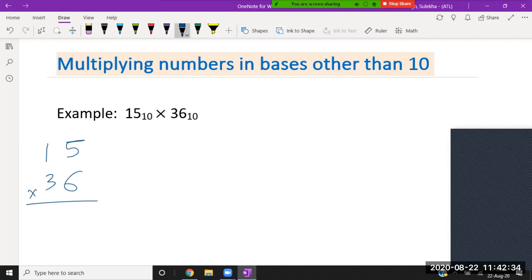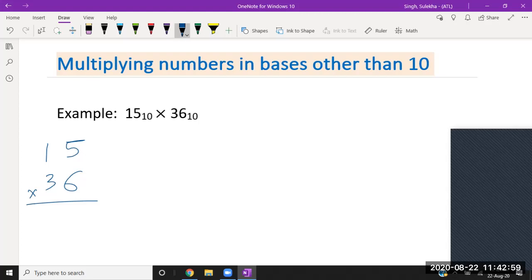First you multiply 6 with 5, then you multiply 6 with 1 and add the carry of the previous multiplication, and write the number. The same thing you need to do when the numbers are in another base.